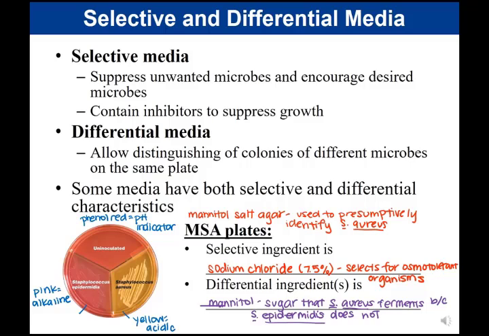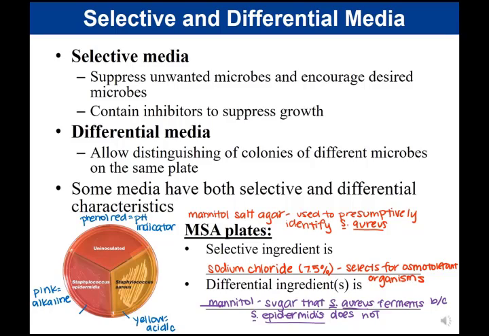If, on the other hand, the colonies on the plate were pink, it's another type of skin bacteria that is not Staph aureus. So again, it could be Staph epidermidis, it could be Micrococcus luteus, it could be other types of skin bacteria, but it's not Staph aureus. And so this would be our selective and our differential media.